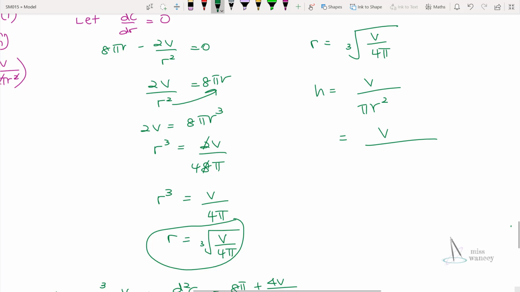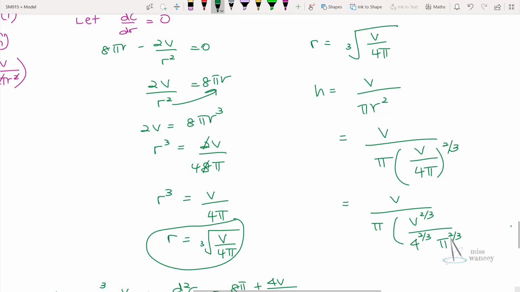So this is V over π, and r is V over 4π to the power of 2/3. Okay, so we can actually simplify this. So this is V over π, and then we have V to the power of 2/3 over 4 to the power of 2/3 times π to the power of 2/3.